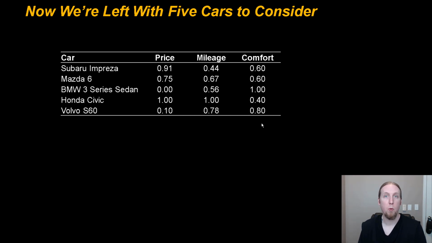Here's where we can see why normalizing before removing dominated options might have an impact on our decision-making process. When we look at the criteria values for mileage and comfort, we can see that our values no longer range from 0 to 1 because the options that had a value of 0 were dominated and now they've been removed.